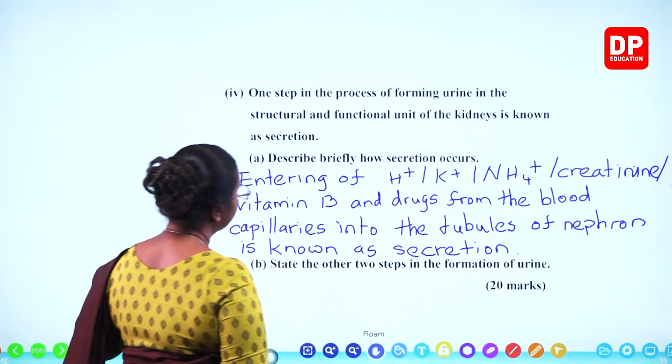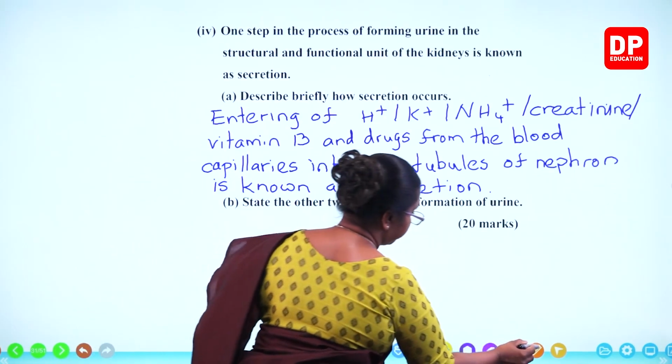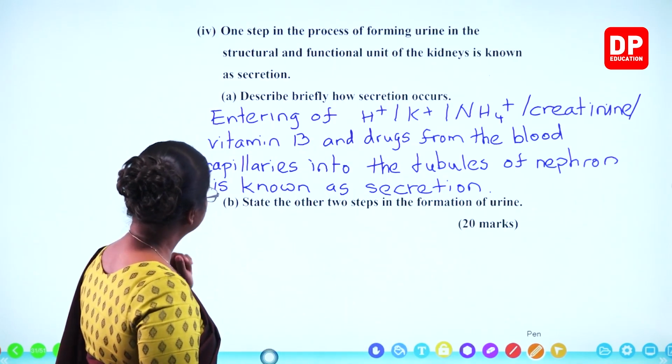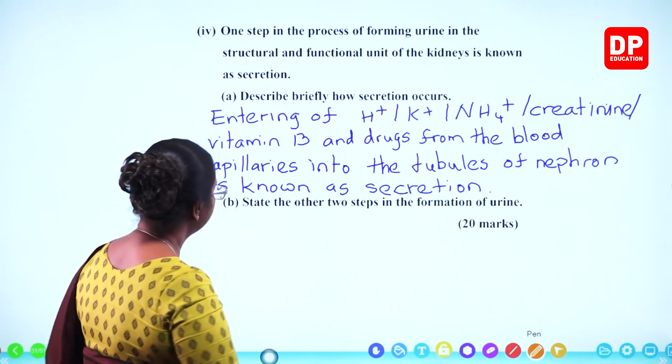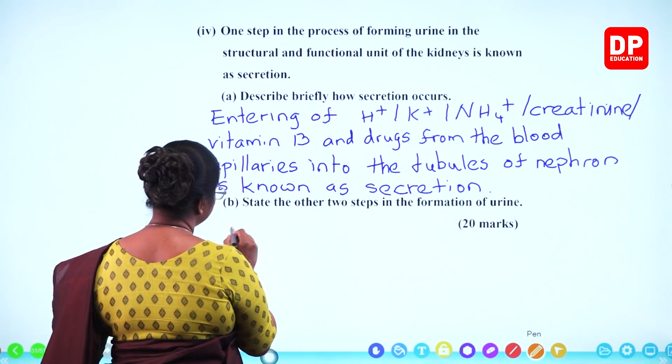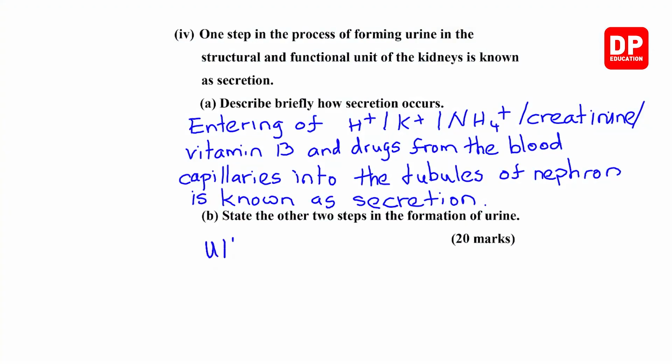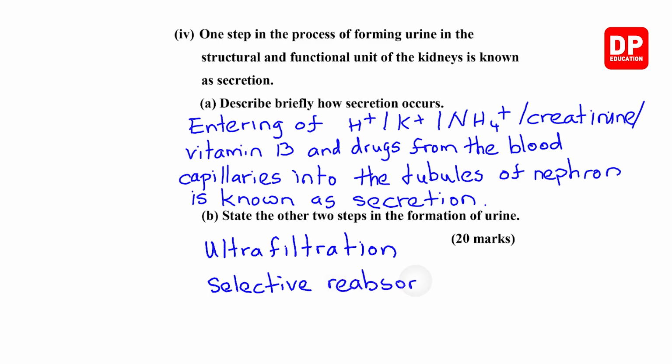So that is what we call secretion. Then the B part, state the other 2 steps in the formation of urine. So they are, of course, I have already mentioned to you all, ultrafiltration and selective reabsorption.